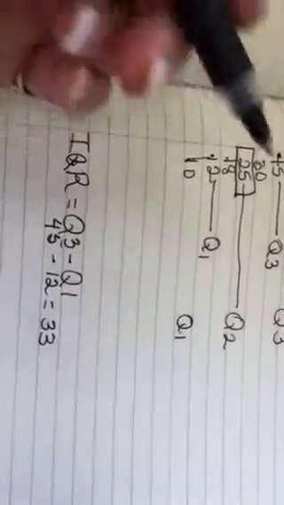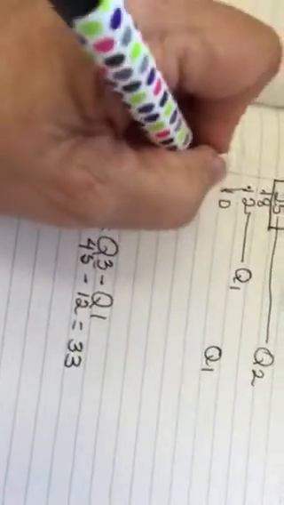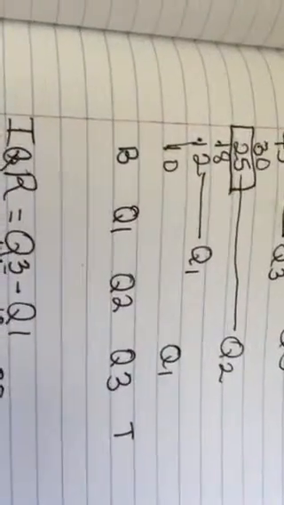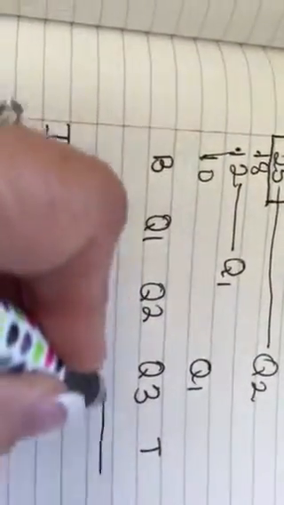Now, to do the box and whiskers plot, you need 5 points. You need the bottom, you need Q1, you need Q2, you need Q3, and you need the top. And if you have those 5 pieces of data, you can graph your box and whiskers.